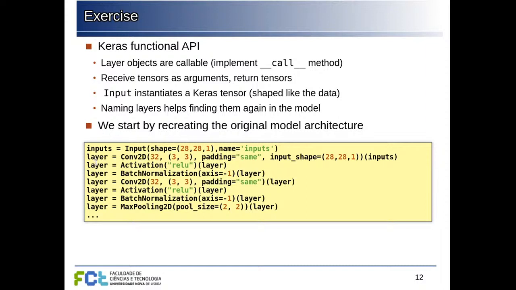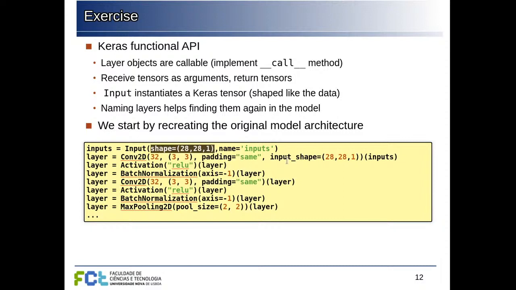So what we do when we create a model like this is we start with an input layer. This Input class just creates the initial tensors that we're going to need. So we specify the shape.